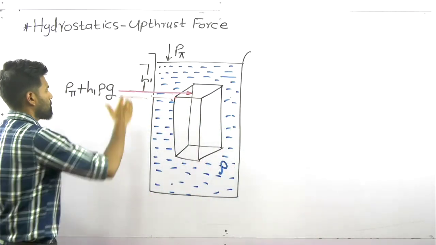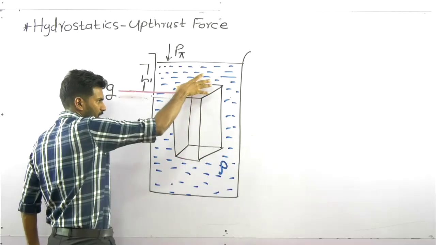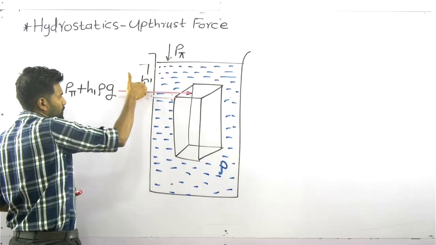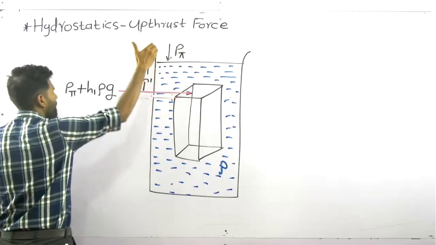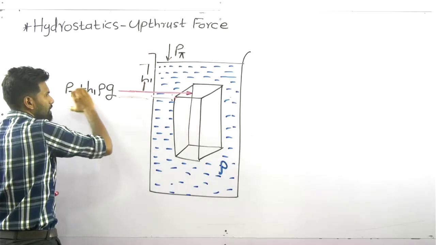Now, this is a liquid container. Inside it there's a rectangular shaped object at a depth h1. At depth h1, the pressure is equal to the atmospheric pressure P0 plus h1 rho g.